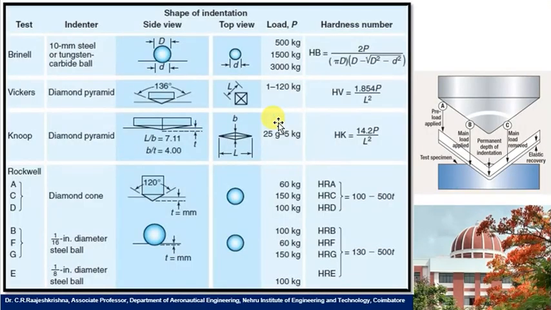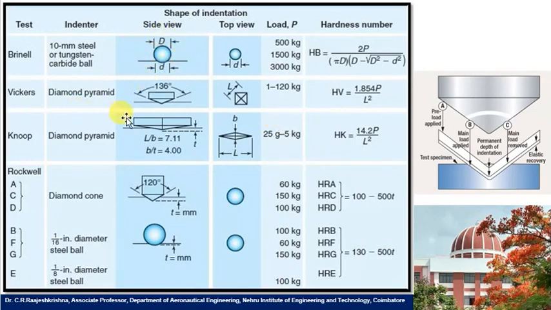In the previous part we studied the different types of hardness tests available. In a hardness test, you use an indenter to apply the load on the workpiece, and there are different types of indenter. In the Brinell hardness test, you have the tungsten carbide ball type of indenter.